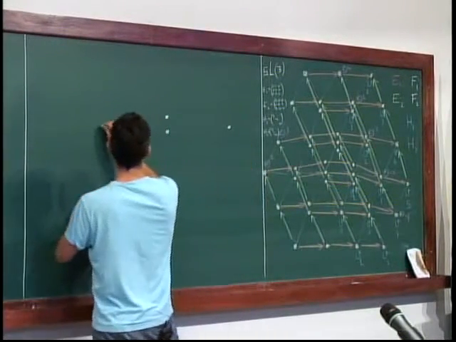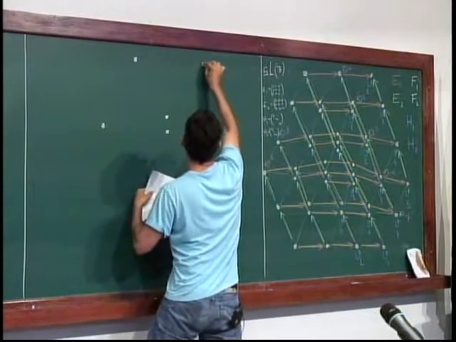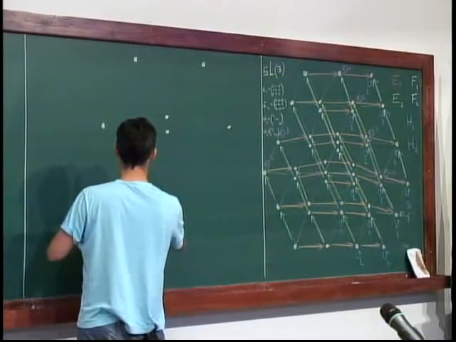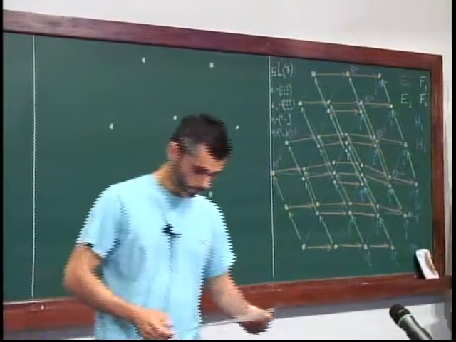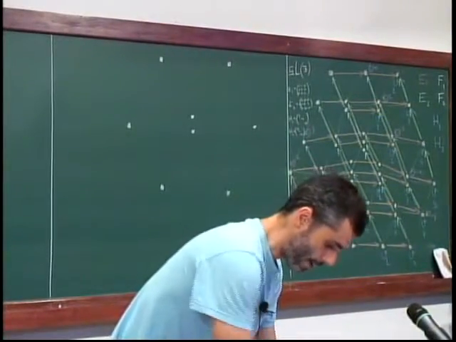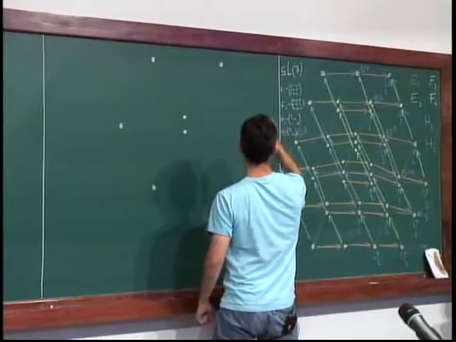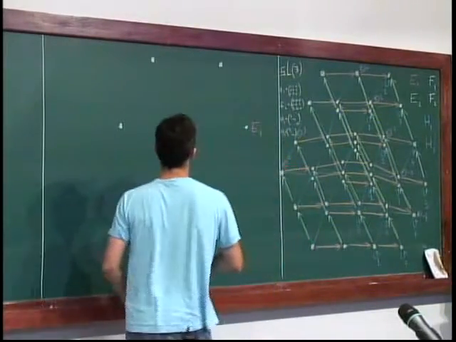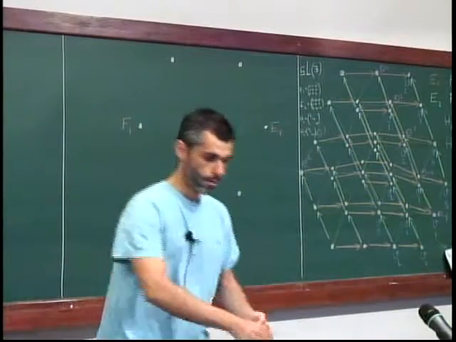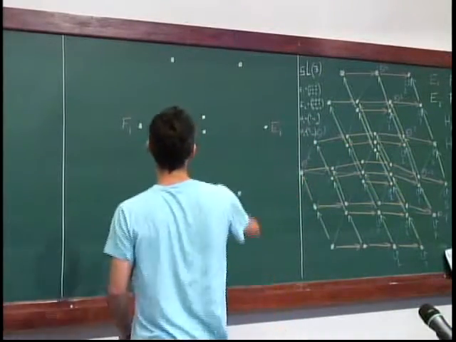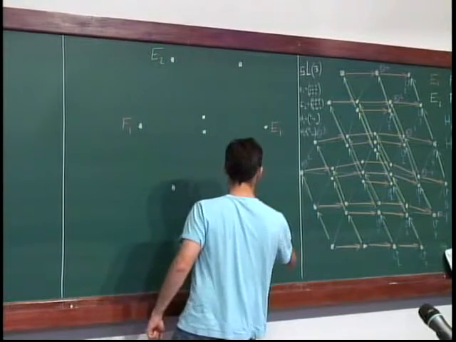So there's 2 points that live at the origin, and then there is a hexagon. And I have E1, this guy. F1 is there. We have E2 up here. F2.